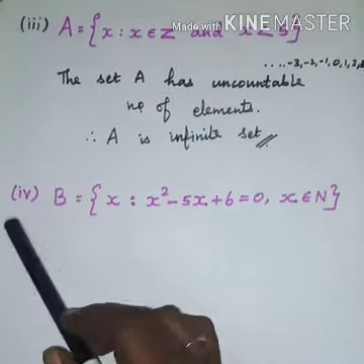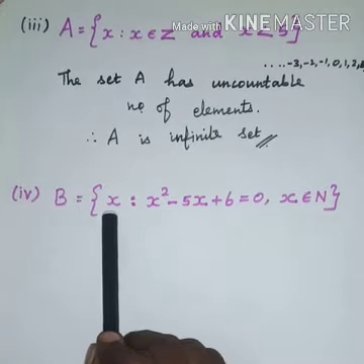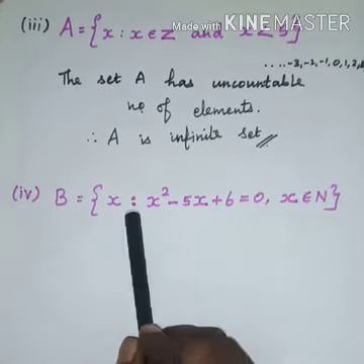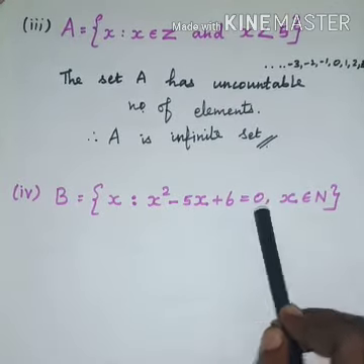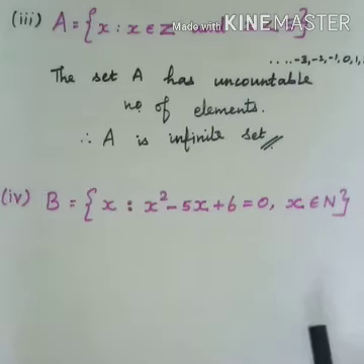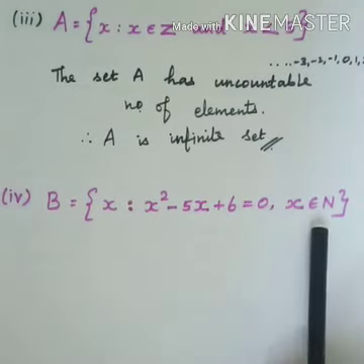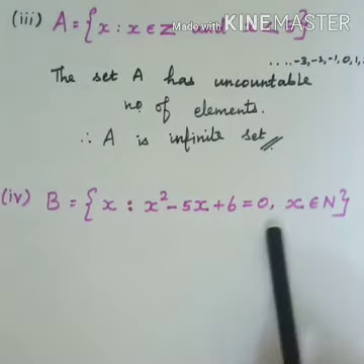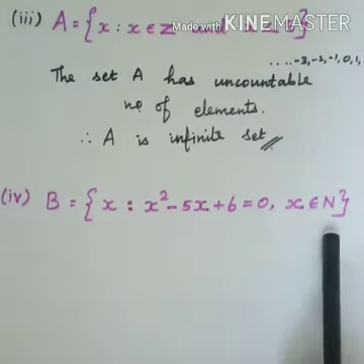Next is the fourth subdivision. B is equal to the set of x such that x squared minus 5x plus 6 is equal to 0, x belongs to N. Here the set B is given in set builder form. We have to find whether this set B is a finite set or an infinite set.